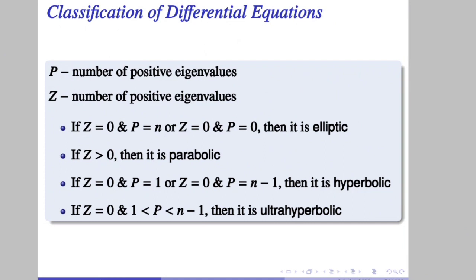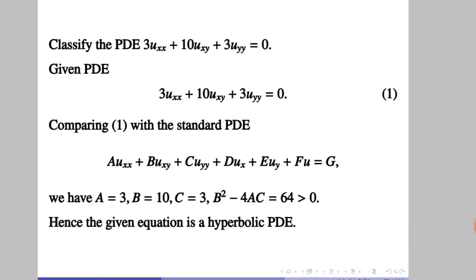If p is the number of positive eigenvalues, and the second one is the number of negative eigenvalues, then if p is equal to n, or the number of negative eigenvalues is n, and zero eigenvalues is 0, then it is elliptic. If there are zero eigenvalues, then it is parabolic, and for hyperbolic, you have ultra hyperbolic equations also.